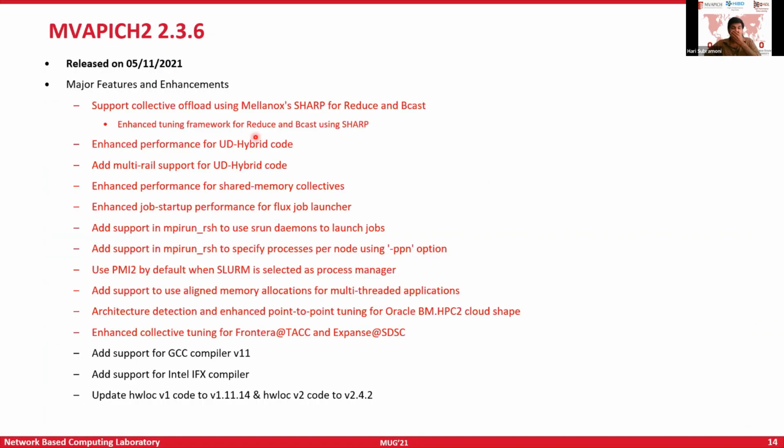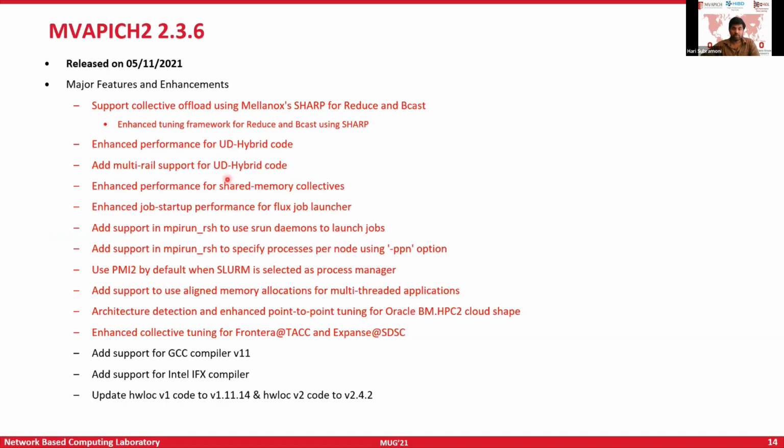So what are the new features in MVAPICH2 2.3.6, which we released some time ago? We have support for collective offload using Mellanox's SHARP v2, and we have added support for reduce, broadcast, allreduce, and barrier using SHARP. We have enhanced performance for the UD hybrid code.